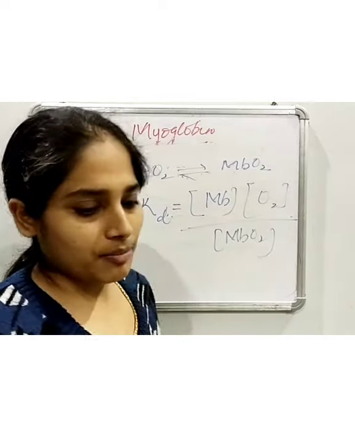So now we'll talk about the color of the muscle meat, and the oxygenated or the deoxygenated form of myoglobin. How do you determine whether the myoglobin in the meat is in the oxygenated form or in the deoxygenated form?